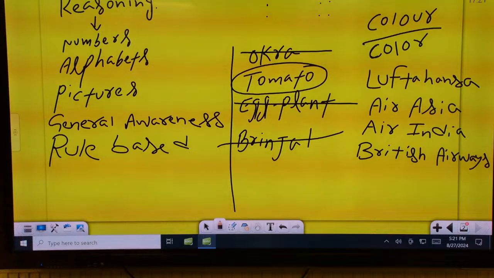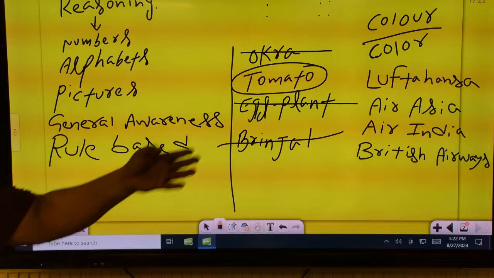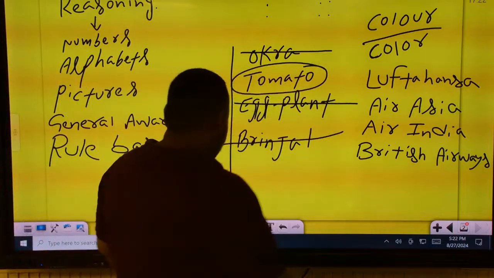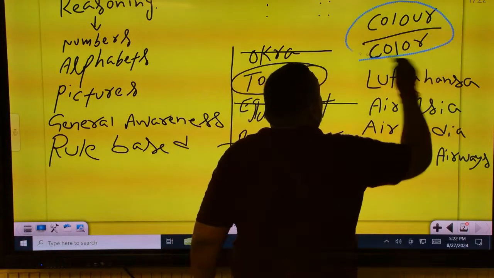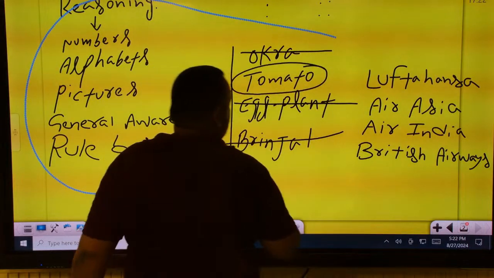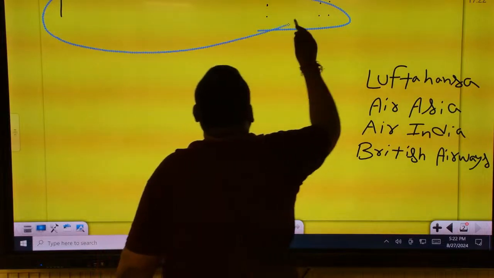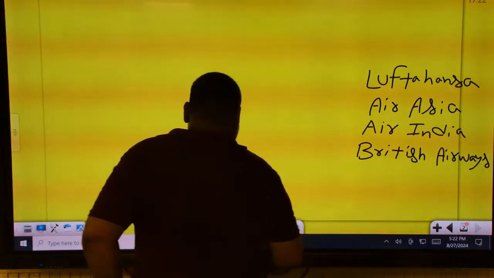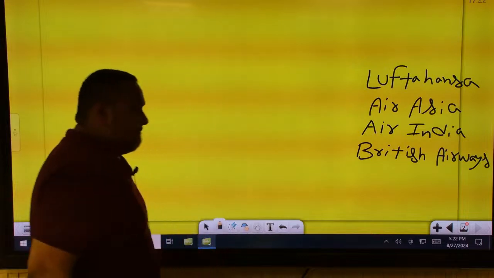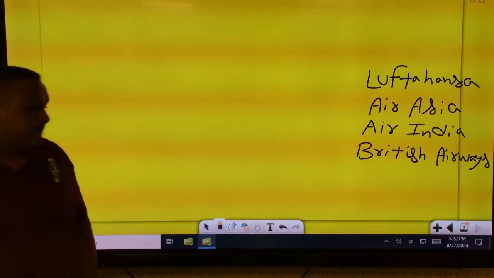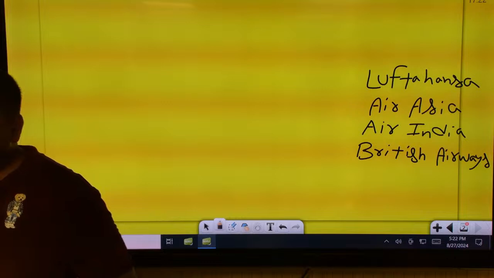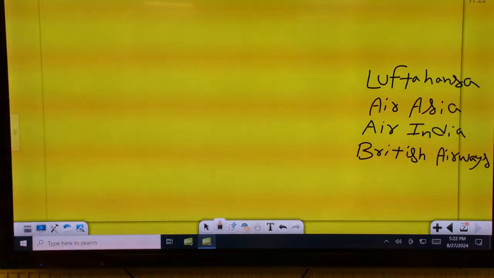Tell me which one is the odd one out. Your answer was tomato in the previous question. Very right. What is Lufthansa? GA means awareness.